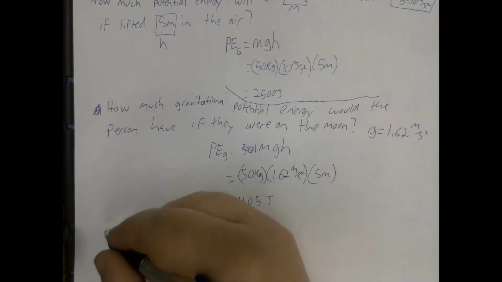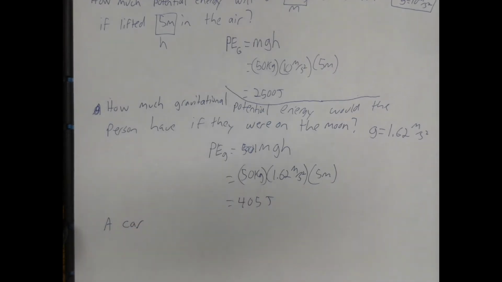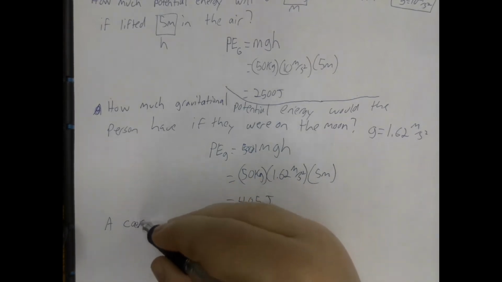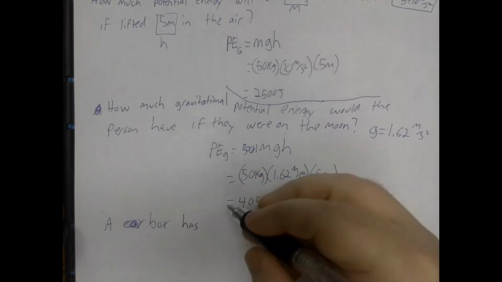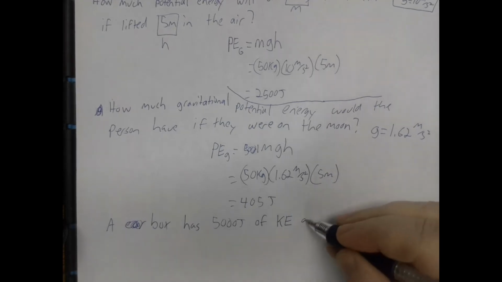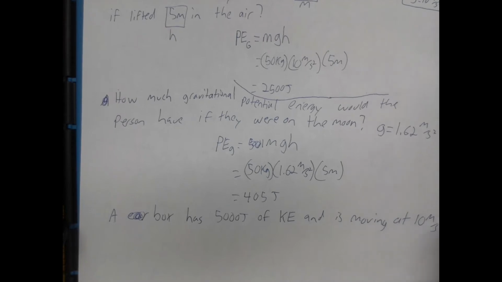Alright. So a car, or let's just say a box, has 5,000 joules of kinetic energy and is moving at 10 meters per second.